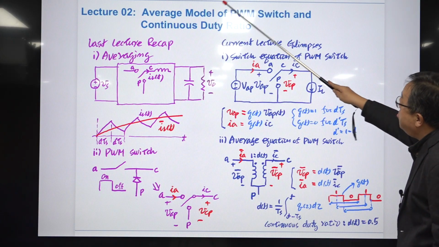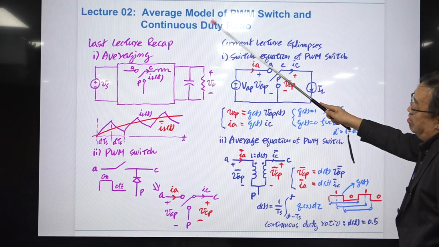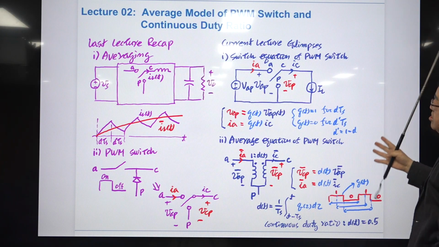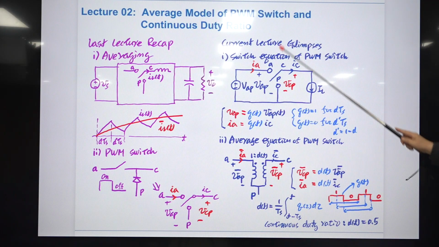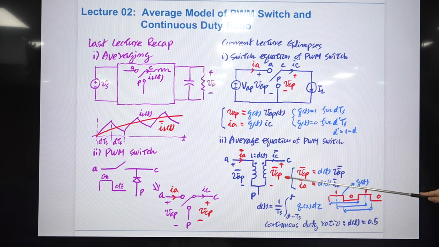Okay, this lecture, which follows after this slide, will detail every step about this. This is a conclusion of that analysis. So this is the equation of the average circuit variables associated with this PWM switch. So VCP bar is simply DT times the average version of VAP, VAP bar.